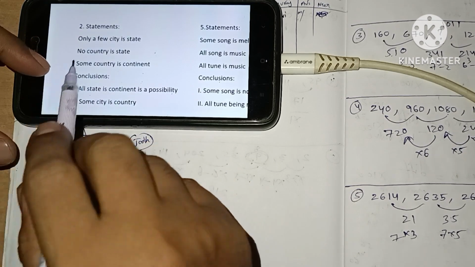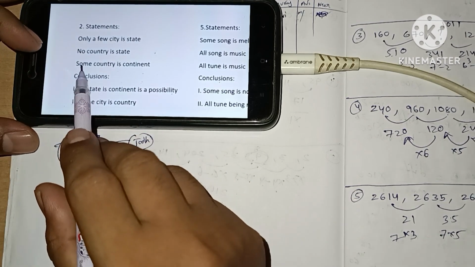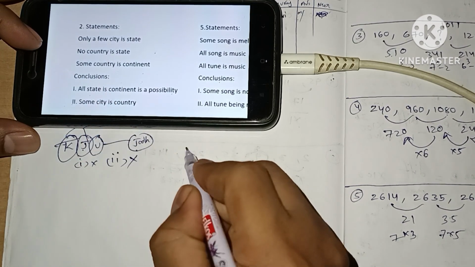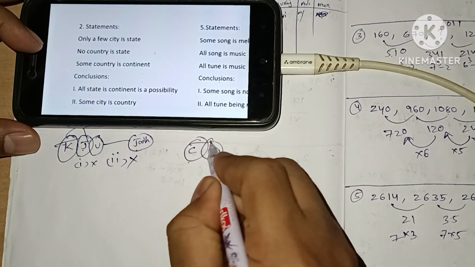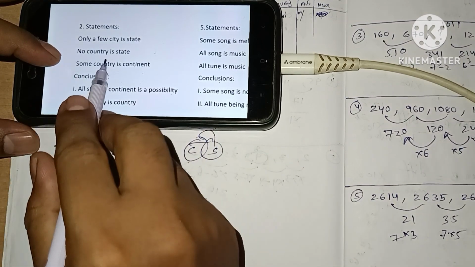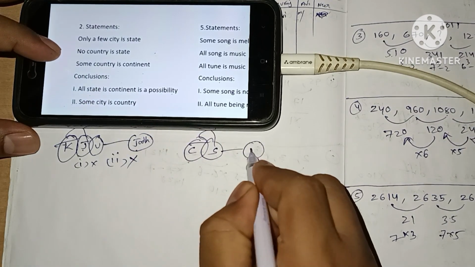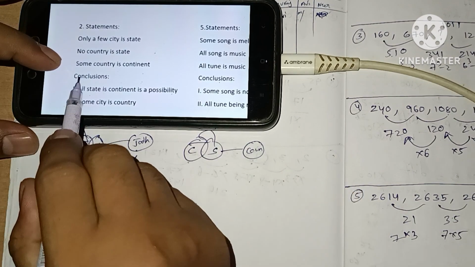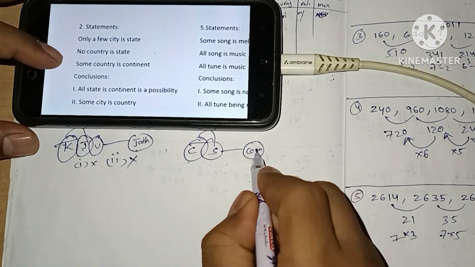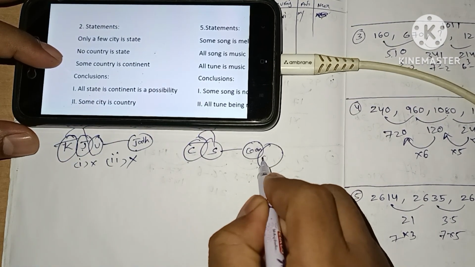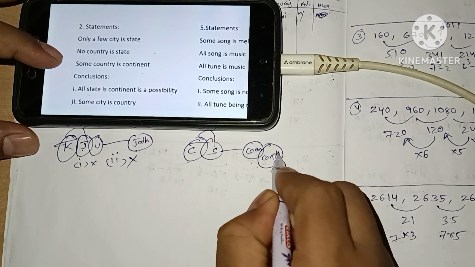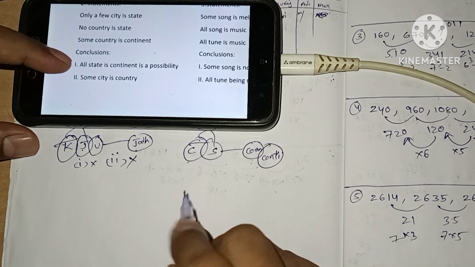Next, second question. Only a few city is state. No country is a state. Some country is continent. Let's see conclusions.